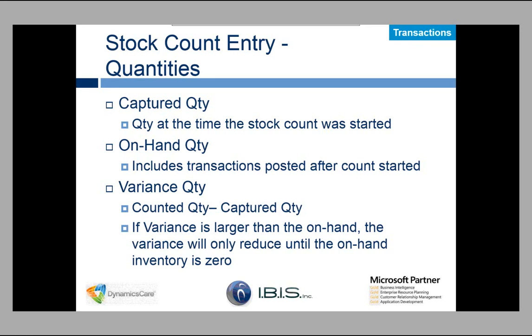The variance quantity is going to be the counted quantity minus the captured quantity. If the variance is larger than the on-hand quantity, the variance will be reduced until the on-hand quantity is 0. So it won't go negative, it will go to 0 if anything happens.